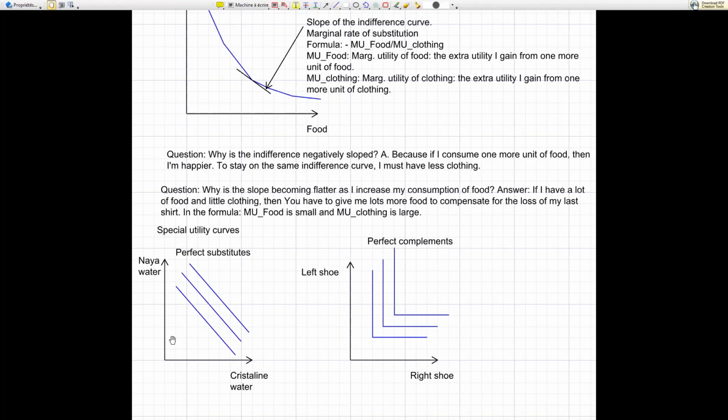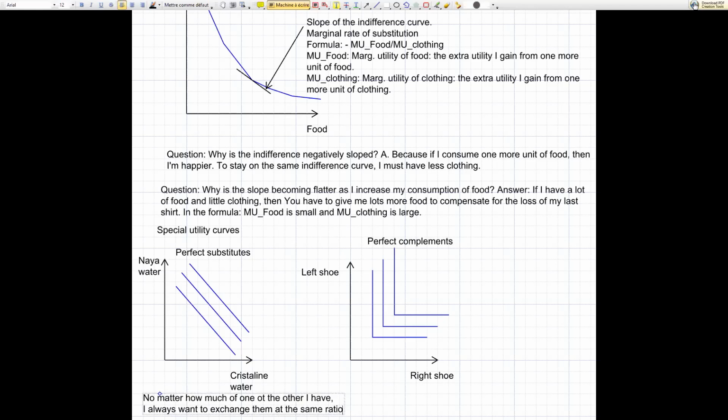Okay, so no matter how much of one or the other I have, I always want to exchange them at the same rate, or ratio.